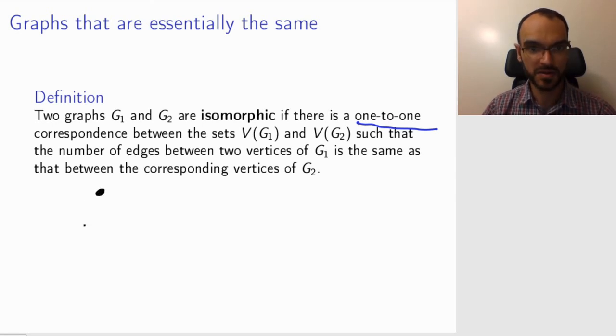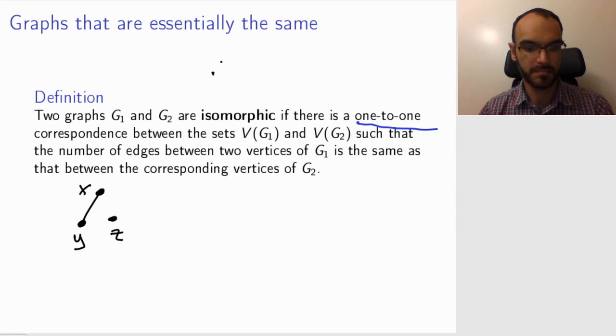So let me consider the same example I drew here. Say I have this graph with vertices x, y, and z, and I have, let's use a different color, this graph.